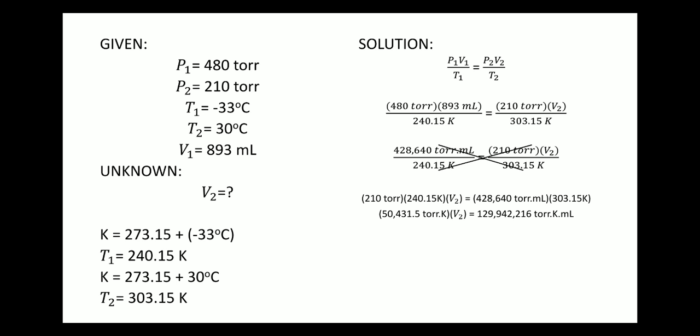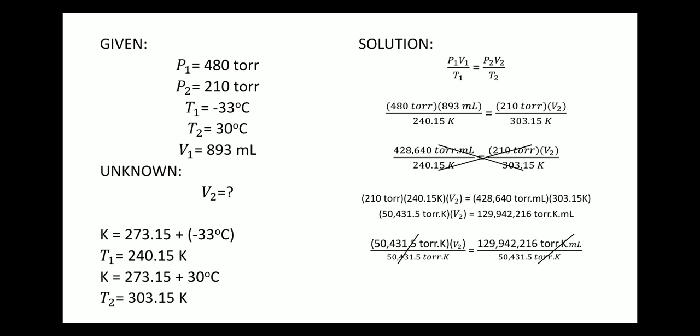So, the answer is 210 times 240.15 is 50,431.5 torr Kelvin, then V2, then the product of 428,640 torr ml and 303.15 is 129,942,216 torr Kelvin ml.